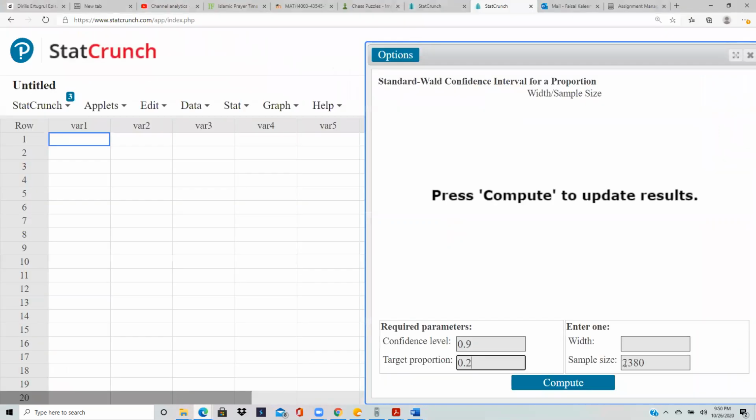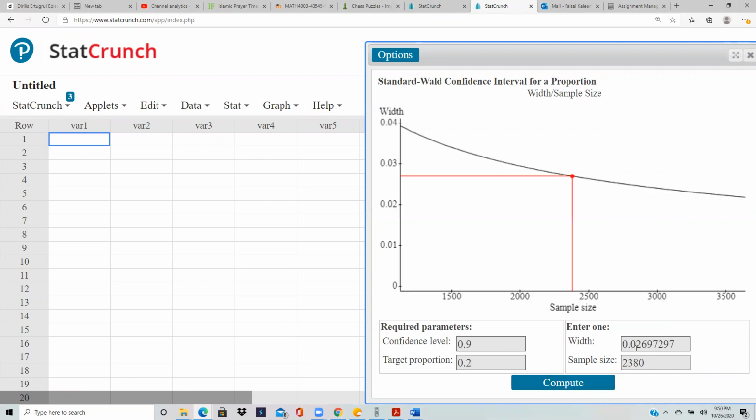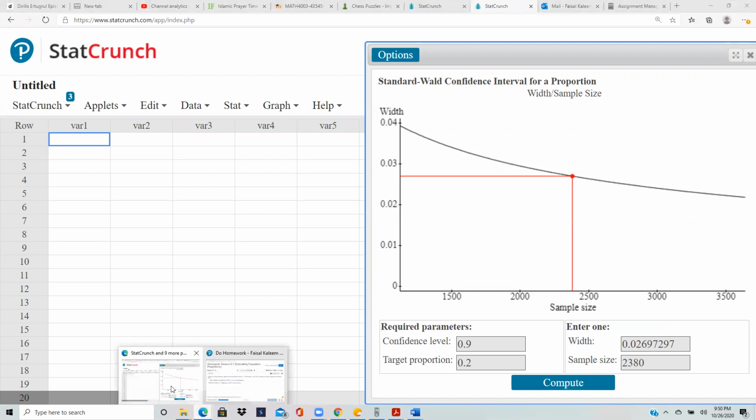So now when you work it, the width, okay, they are calling it the interval width instead of the interval length. It doesn't matter. So we don't have margin of error here, but we have the interval width. So we will compute it. So that gives it to be 0.02. So let's see how many decimal places.